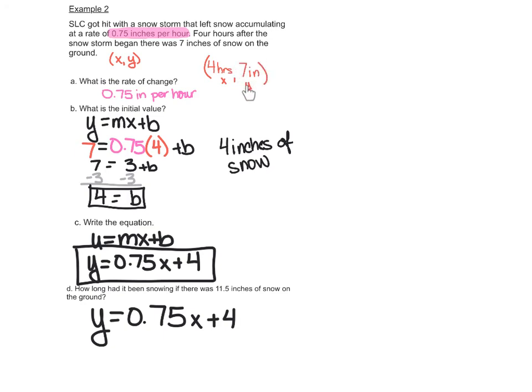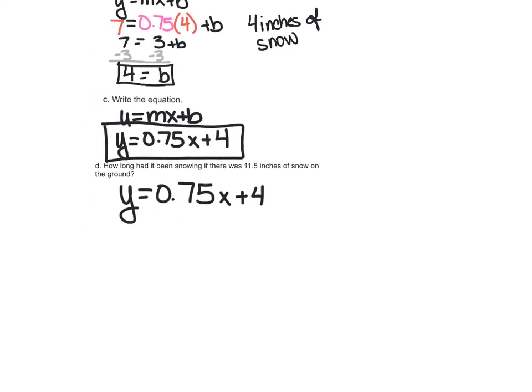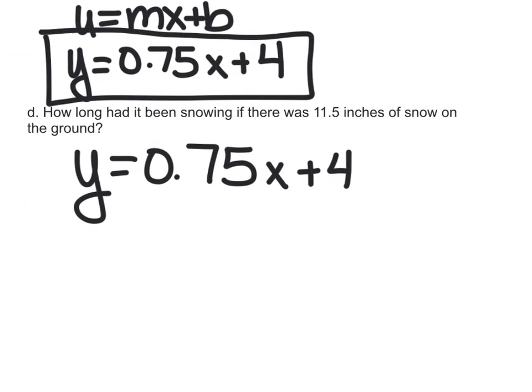So that is our dependent variable. And time was our x, or our independent. So when we come down here and I know that I have 11.5 inches of snow, 11.5 inches must be plugged into y, because our y variable is representing the amount of snow we have.